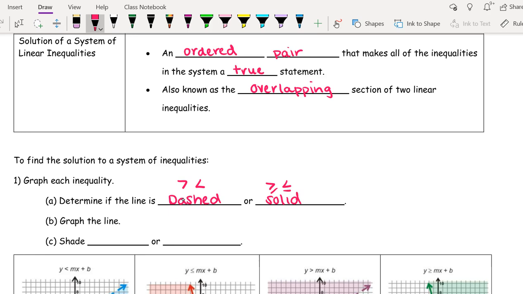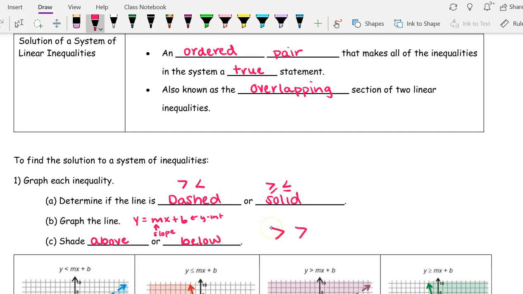So we're going to graph the line. Remember, it needs to be in y equals mx plus b form, where I have my y-intercept and my slope. So we're going to graph just like we did starting from Unit 6. And then we're going to shade above or below the line based off of our inequalities.